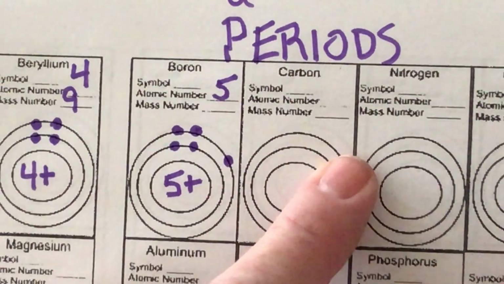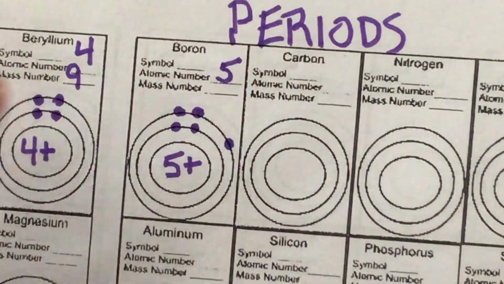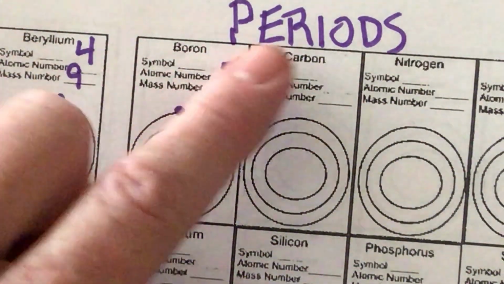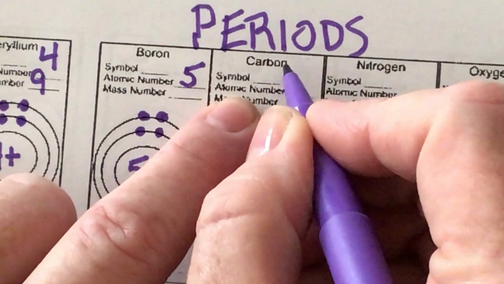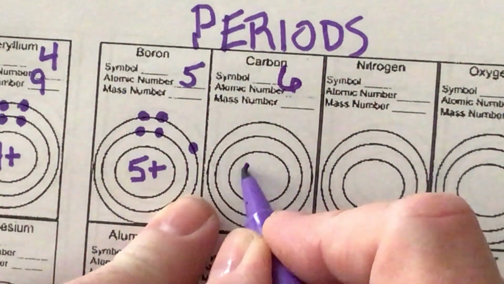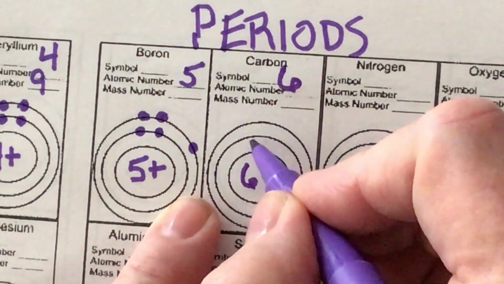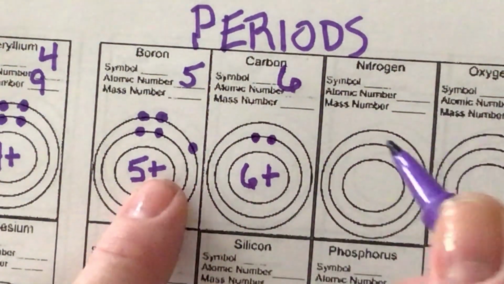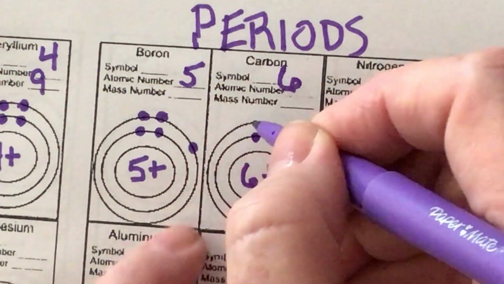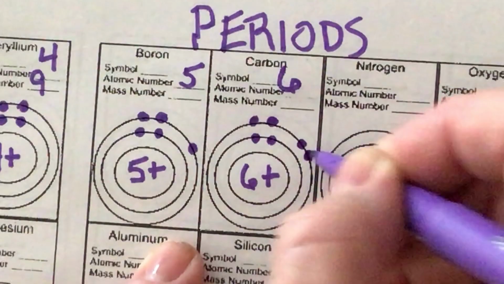All right, we're going to do 2 more, and then I'm going to let y'all continue. Okay, carbon. We've got 3, 4, 5. We're moving up. Atomic number is 6. So that means we have 6 protons. We're going to do 2 in the inside orbital. So there's 1, 2, 3, 4, 5, 6.